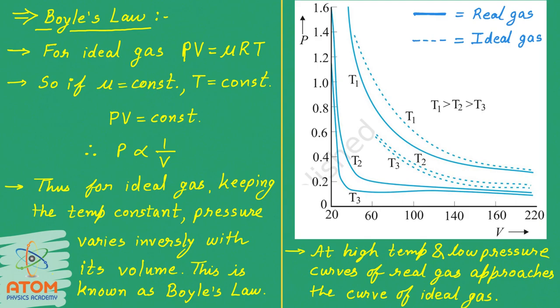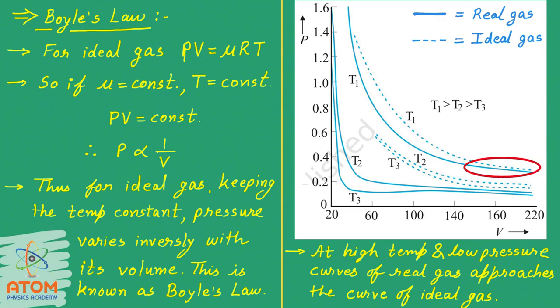Not only that, if you take lower pressure, then look here. At this point, say the pressure is very low. So in this region, which is a very important region, both the curves are coinciding with each other. That means at lower pressure, the real gas is approaching the ideal gas.